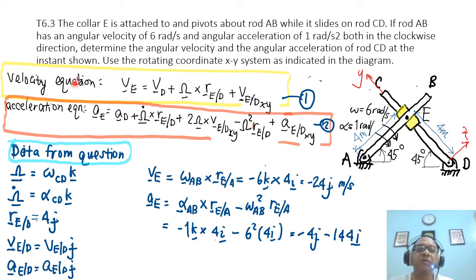When I write down the velocity equation, it is the velocity of E equals the velocity of D, which is the velocity of the origin of the rotating coordinate system, plus omega, the angular velocity of the rotating coordinate system, times the position vector of object E measured relative to the origin of the coordinate system, which is at D. And then we have the relative velocity measured in the xy frame.